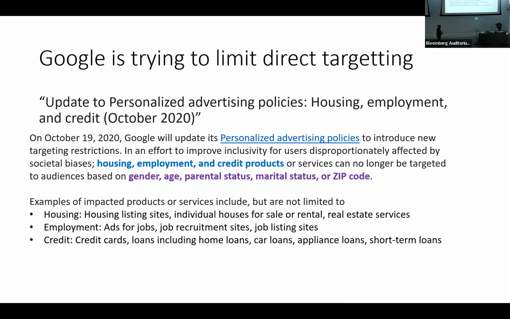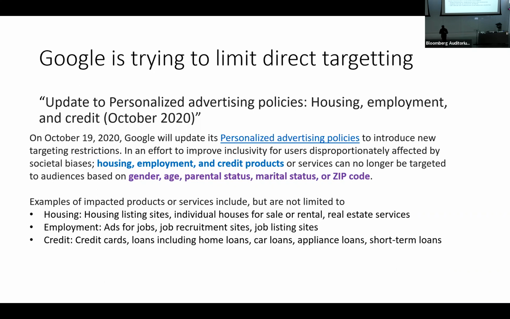For housing, employment, and credit products, they no longer allow you to directly target audiences based on gender, age, parental status, marital status, or zip code. And I think they hadn't already been allowing it by race. And so now they also expanded that, right? Because zip code, for example, in the United States is often a very good proxy for race. And then they give a bunch of examples for how this happens.